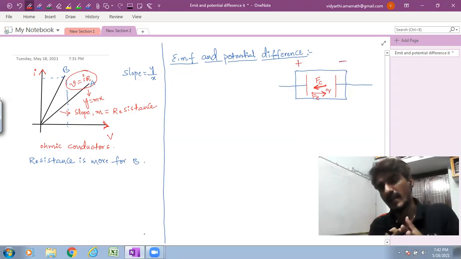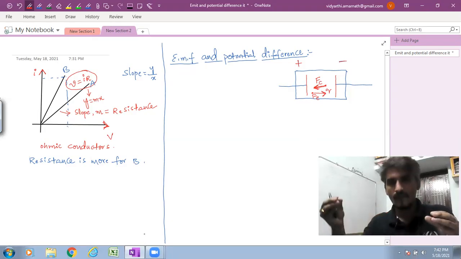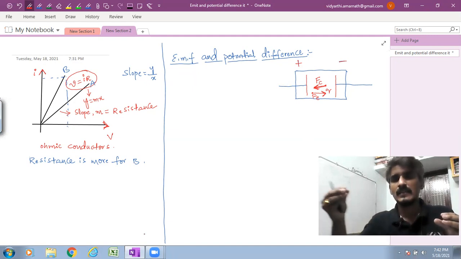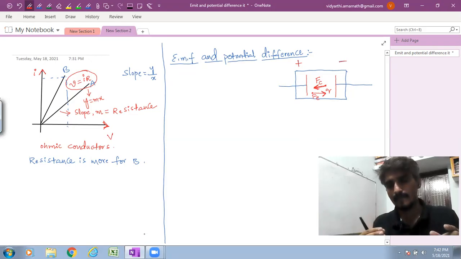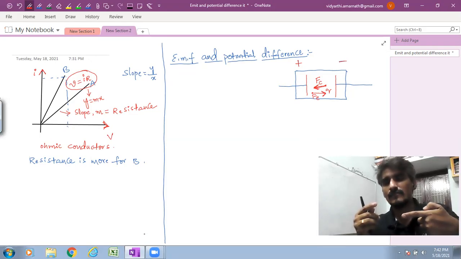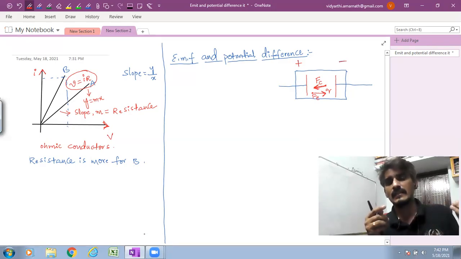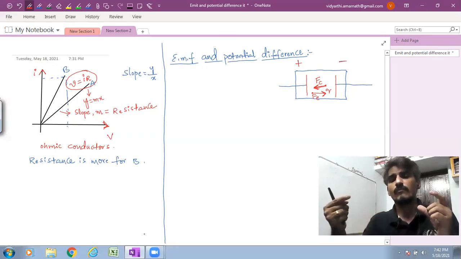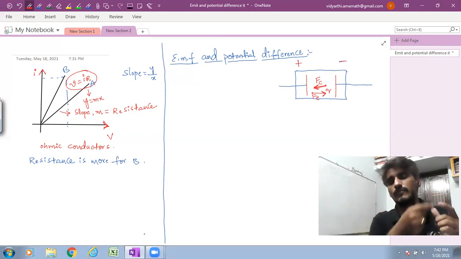Both will occur at the same time. Got my point? The electric field exerts a certain force on the charges and moves them from positive to negative, and at the same time the chemical force moves the positive charges towards the positive plate. Both occur at the same instant of time.